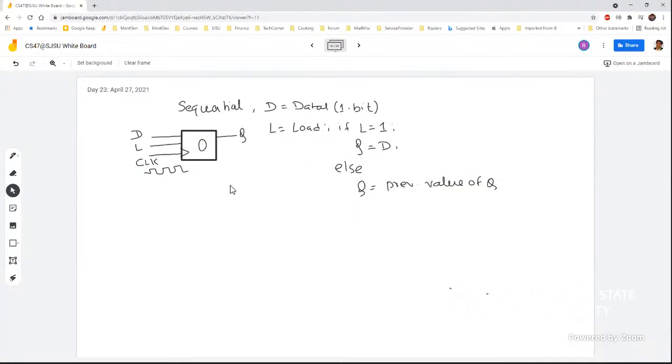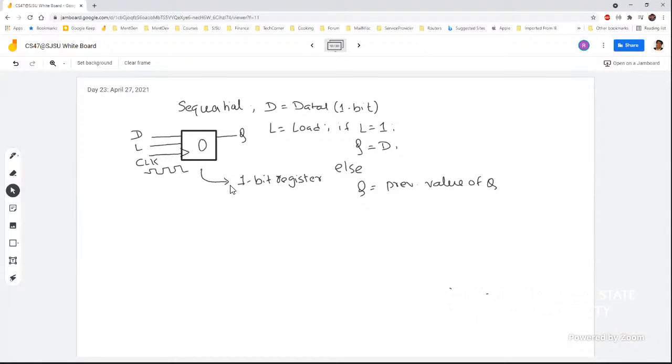And this is called a 1-bit register. I won't say it is the smallest or lowermost component, but it is a very low-level component. In 147, we'll actually open up this 1-bit register and see what's inside it and how it is implemented.